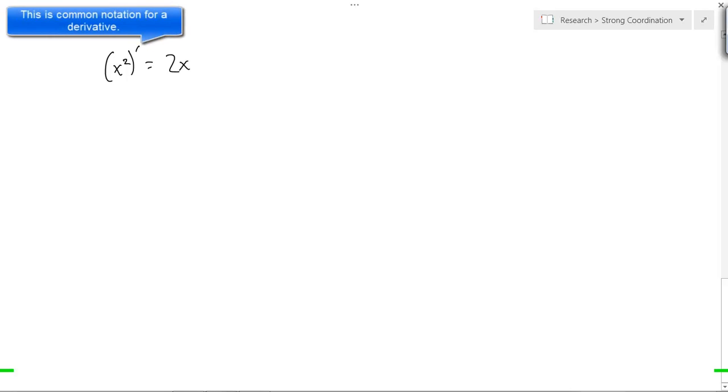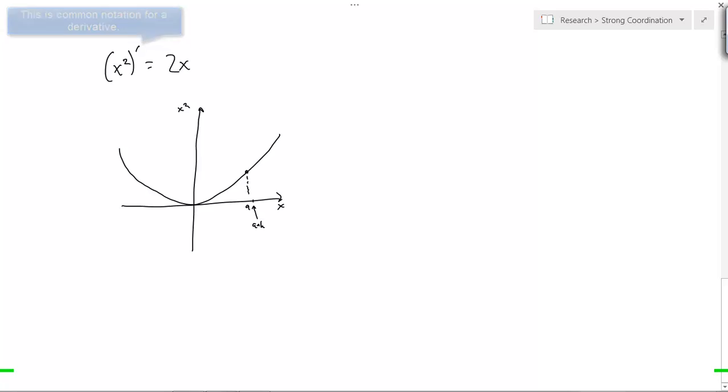All right. Now notice, if I have x squared here, again, let's draw it. To calculate the slope at any point, let's call this point A, if I want the instantaneous rate of change, what should I do? Well, one thing I can do is I can take another point that's not very far to the side of it. Let's call that A plus h. And if h is very small, then these are almost the same point.